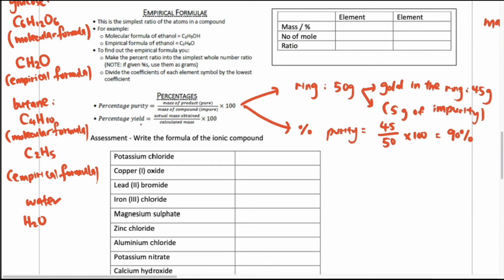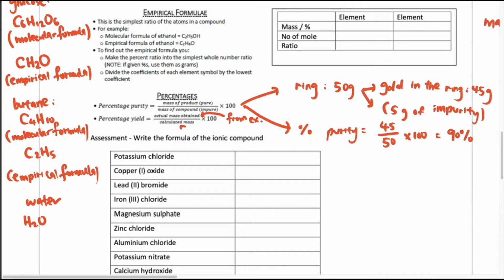Now, percentage yield. Percentage yield, the formula is actual mass obtained divided by calculated mass multiply with 100. Okay, so of course I have to explain it in this way. Actual mass obtained is the mass obtained from experiment.